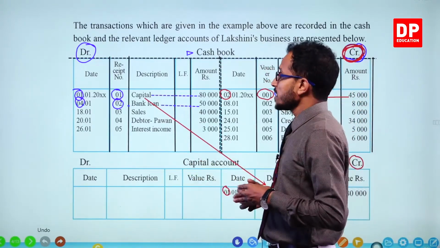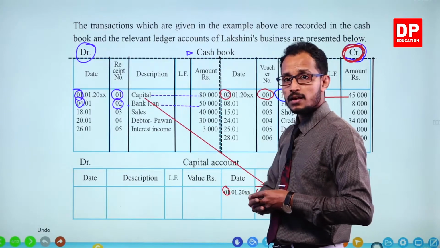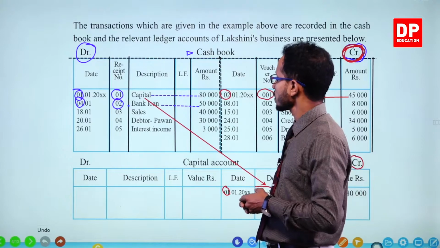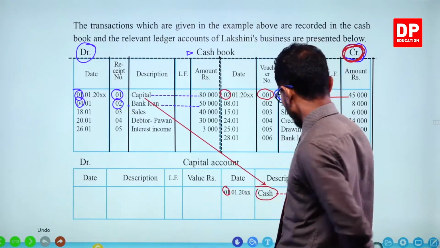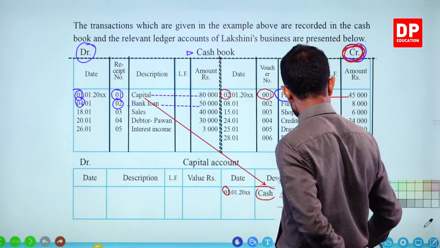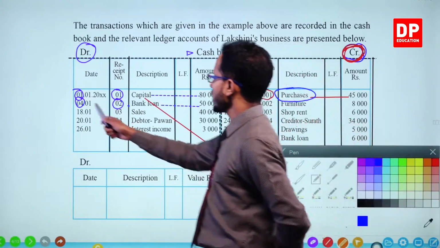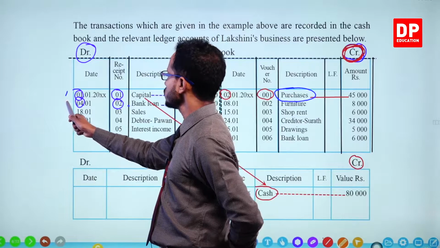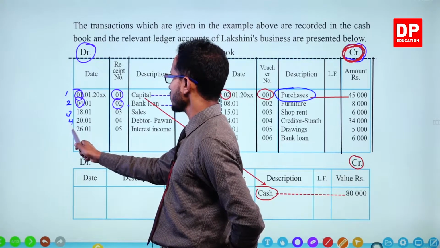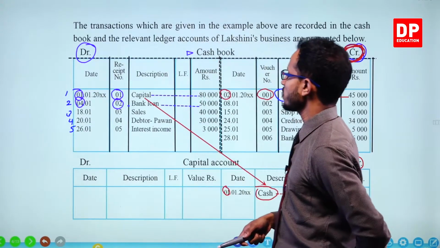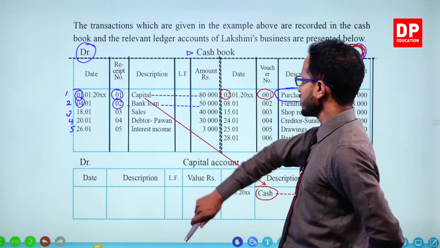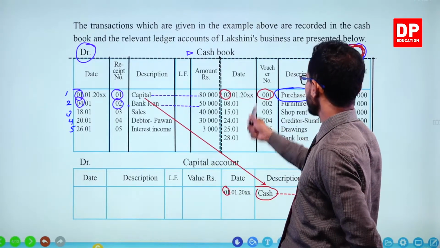All right, children, this is how it's done. Debit side. We first take a look at the debit side. There are how many entries? There are many entries on the debit side. We have 1, 2, 3, 4, 5 entries. Okay, and we take a look at the credit side.